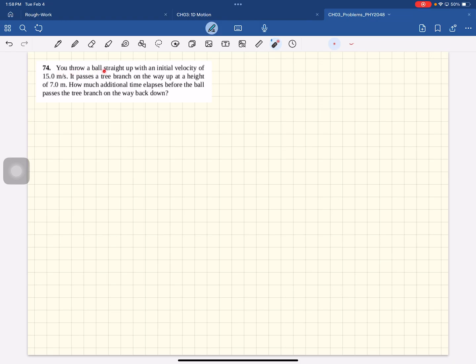So you throw a ball straight up with an initial velocity of 15 meters per second. It passes a tree branch on the way up at a height of 7 meters. So you're going to throw the ball up from there at 15 meters per second. Our axis is pointing that way.